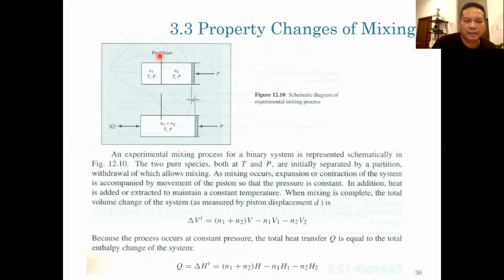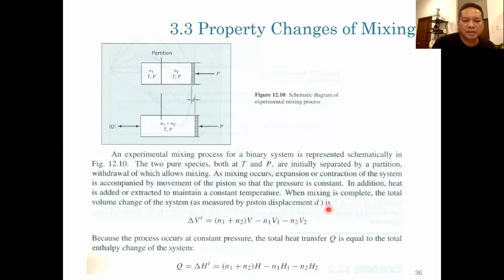Initially they're separated, and after that they are allowed to mix. As the mixing occurs, expansion and contraction of the system is accompanied by movement of the piston so that the pressure is constant. In addition, heat is added or extracted to maintain a constant temperature. When the mixing is complete, the total volume change of the system is measured in the piston.